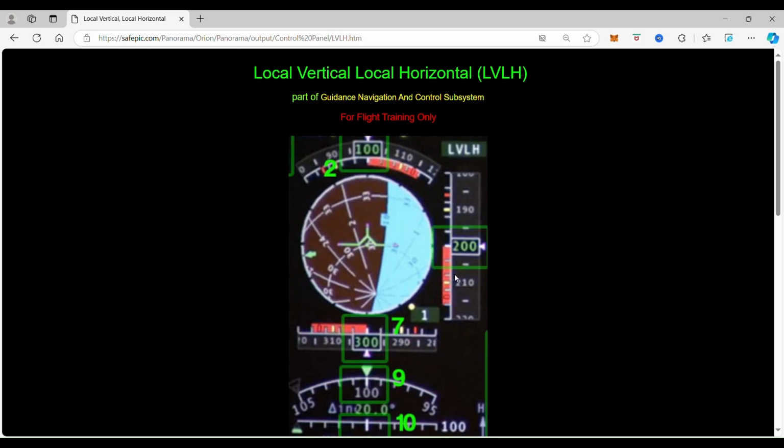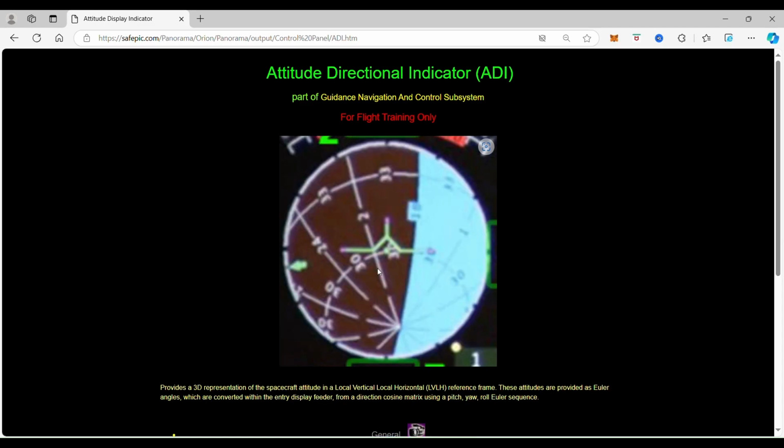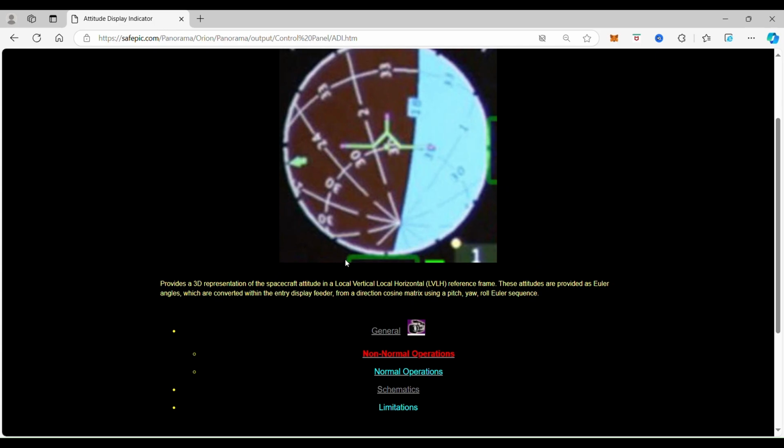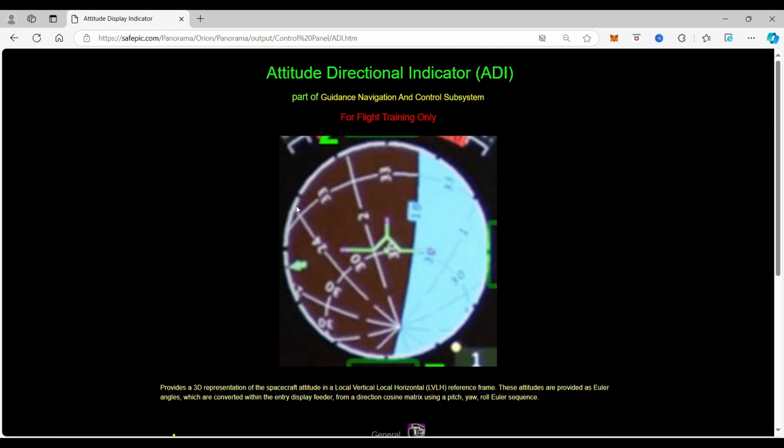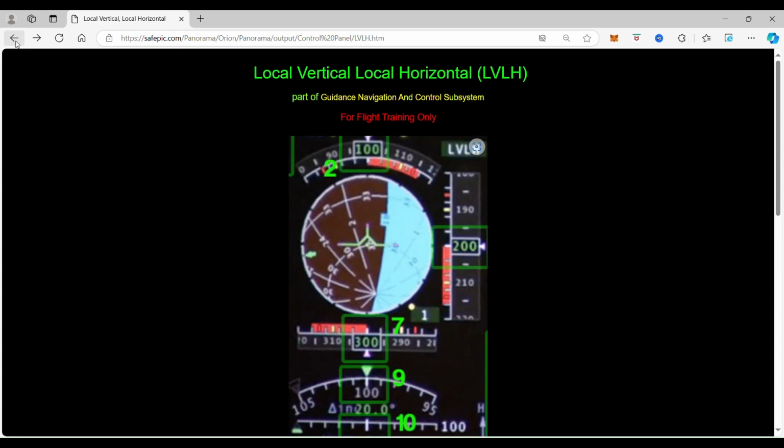Now, you can see we're going to go a little bit deeper, and this can go all the way down even further. One more level here where you're going to go into the attitude display indicator. Now, all of these, we're going to go into a little bit later on. These are all going to be separate videos, but since you're an Into the Future Patreon tier subscriber of mine, you get to play with it now.